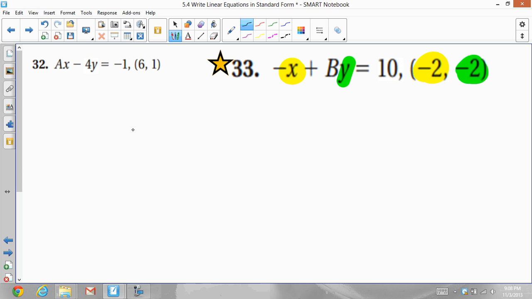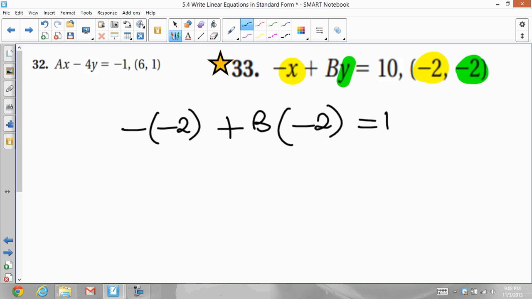So negative x takes on negative 2 plus b, y takes on negative 2 equals 10. This is my x, this is my y. The only thing you've got to understand is the question also has a negative associated. So you've got to make sure that this negative stays, and x takes on negative 2.